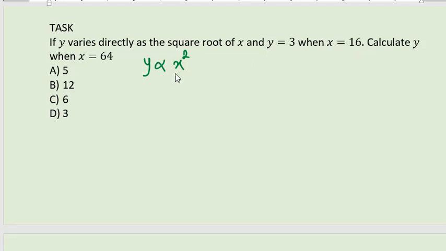So first thing to do was introduce the constant. So we are going to have y equal to k times the square root of x, and this becomes our general equation. So that is it for this. Okay, now the next thing you want to do is to fix this. y is 3 when x is equal to 16. So 3 is equal to k multiplied by the square root of 16.